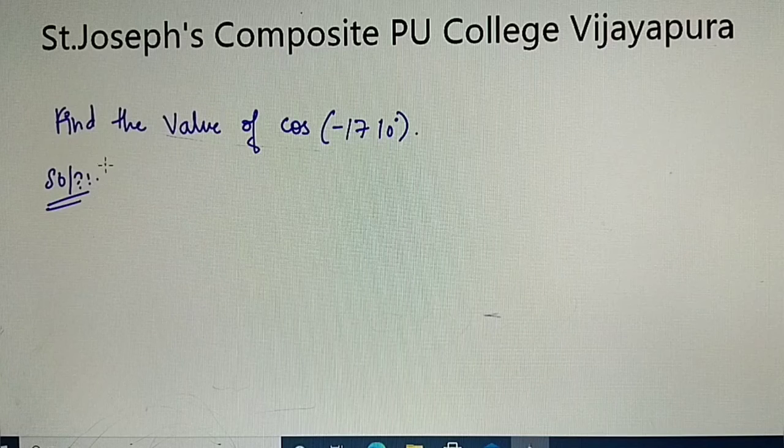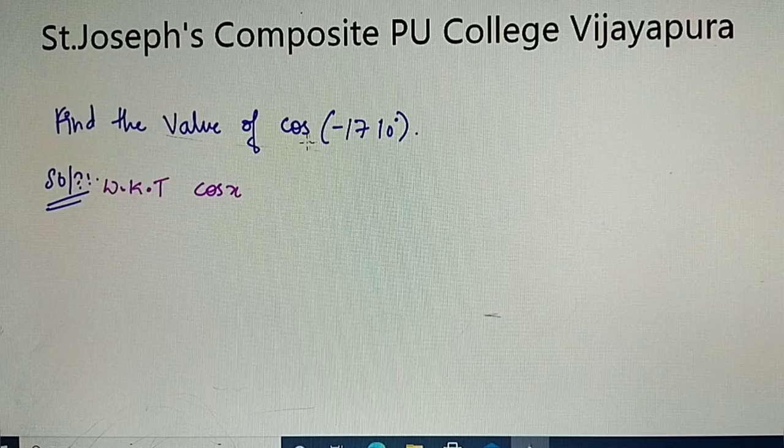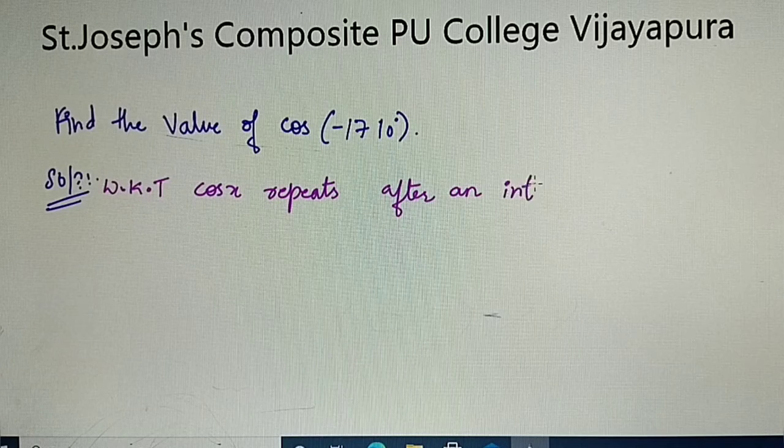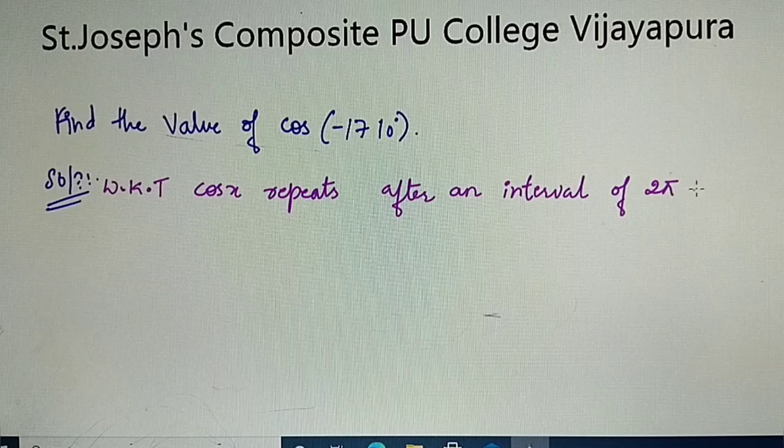We know that the sine function and cos function, that is sin x and cos x, and here I take cos x because cos is there, repeats after an interval of 2 pi or 360 degree.